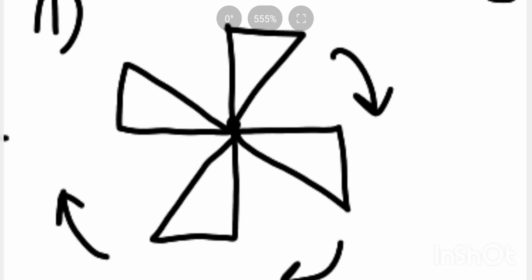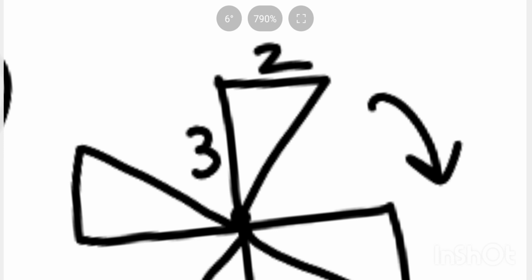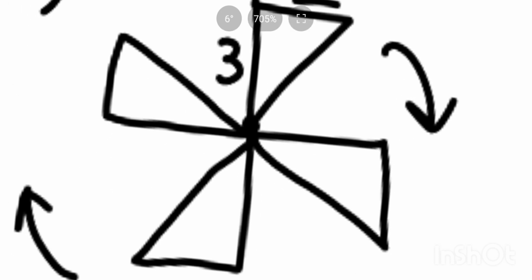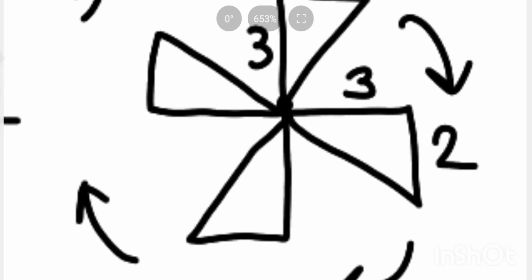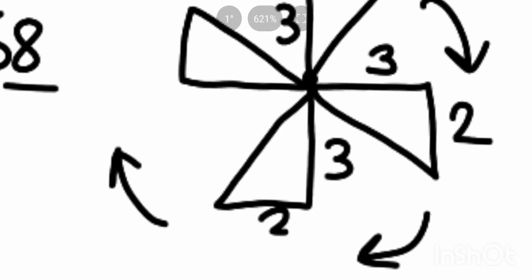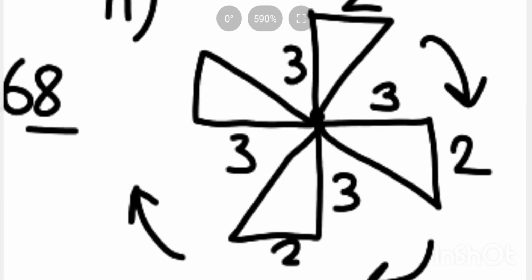So that's the principle of how you'd answer the question. Obviously this is not neat, but in the diagram you'd draw out the triangle exactly how it is. So this one is 3 squares up and 2 squares horizontally, and when you rotate it, then this side will be 3, this is 2, this is 3, and this is 2, and this is 3, and this is 2.